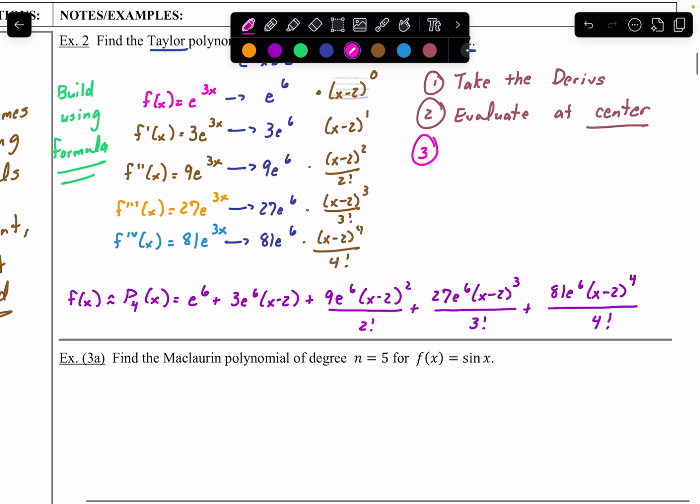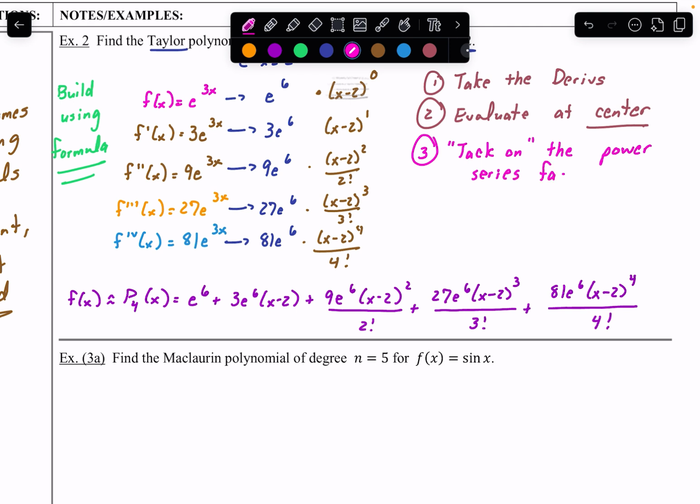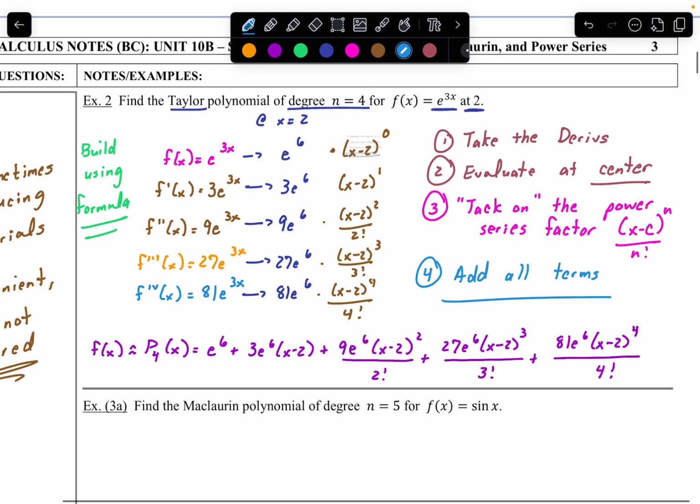Then the third step, I don't really know how I have a better way to say this, is we want to tack on the power series factor, x minus c to the n over n factorial part, and then add all terms. Those are kind of the steps that we're going to use to build these Taylor polynomials.